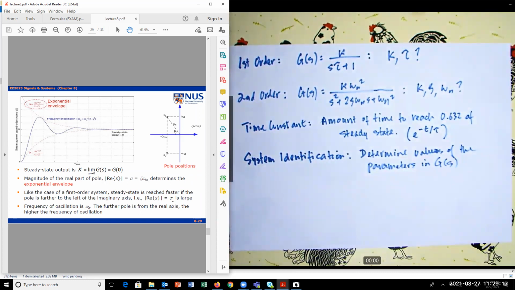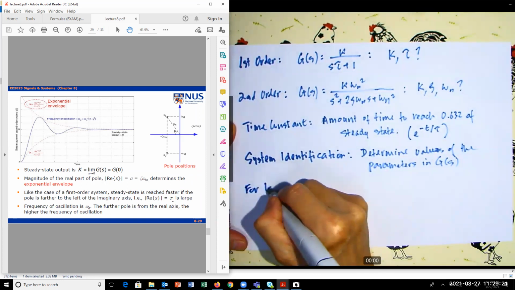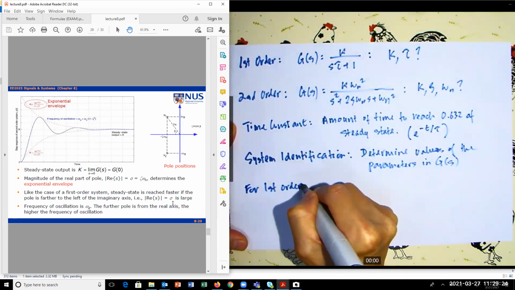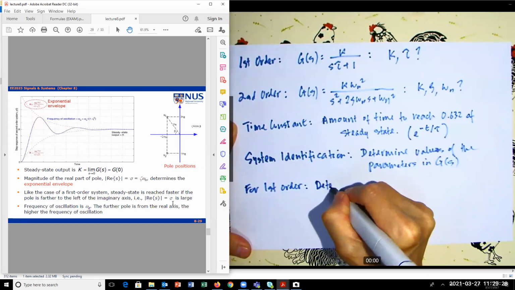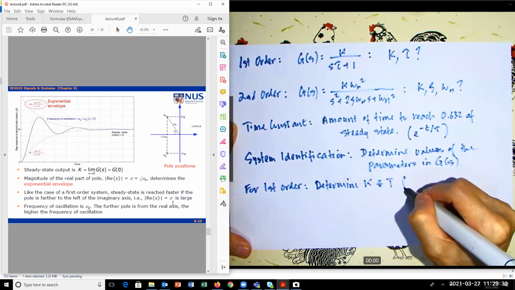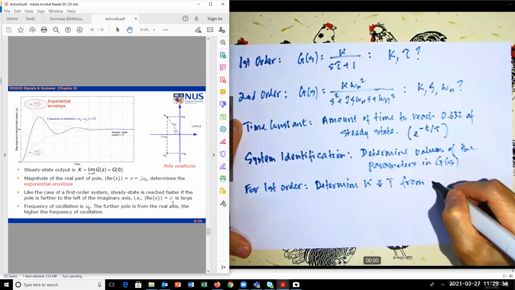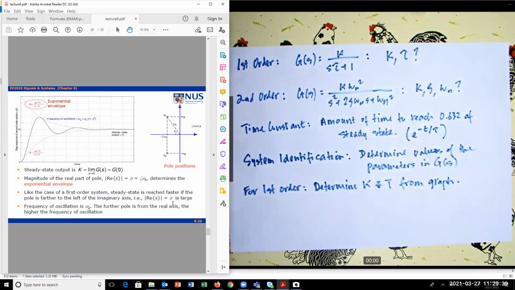So for the first order, we determine K and tau from the graph, which I just explained. K will be the steady state value. Tau is the time constant.